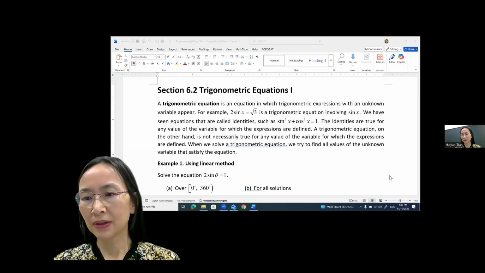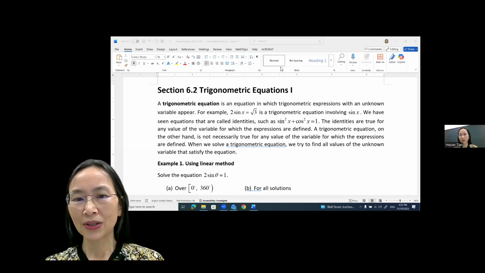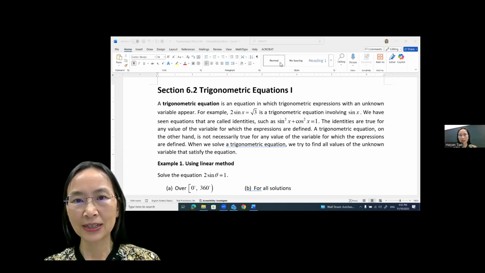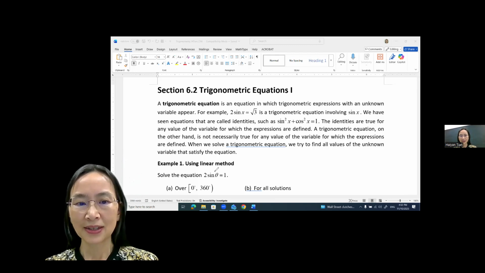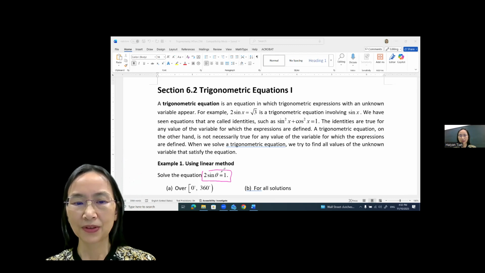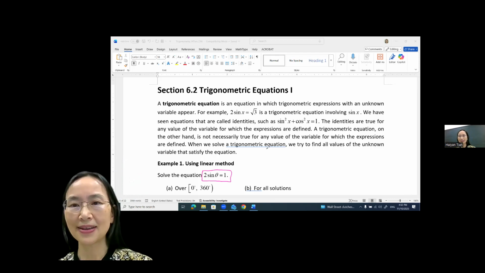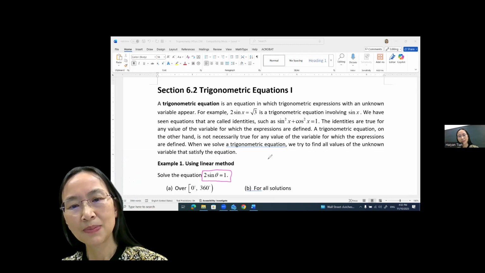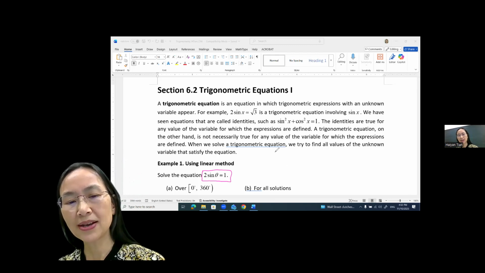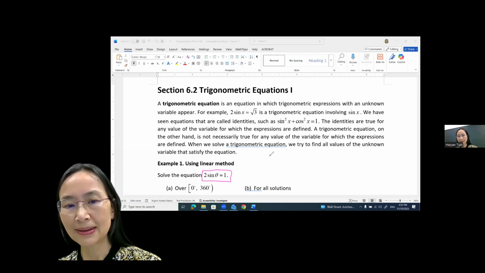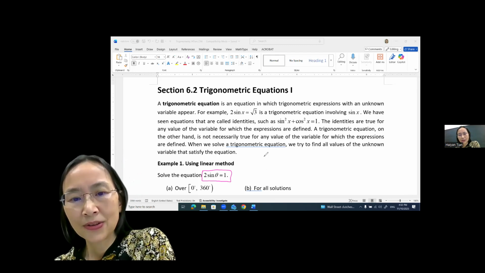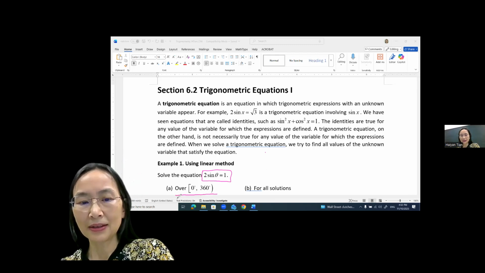So let's try to solve a simple equation that involves the function sine theta. Suppose we have this equation: 2 sine theta is 1. What is theta? First we want to find theta in this interval.